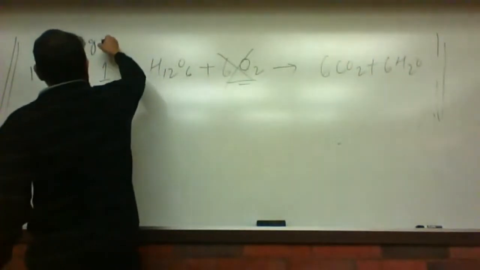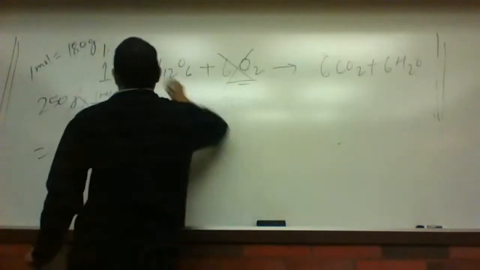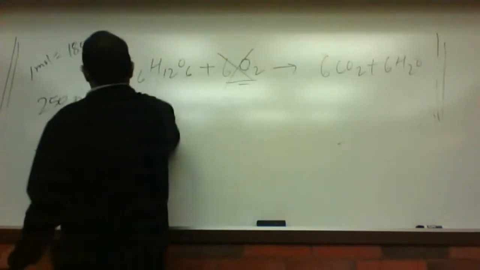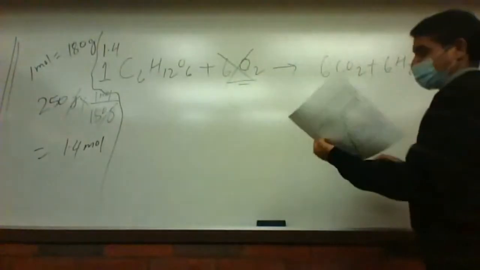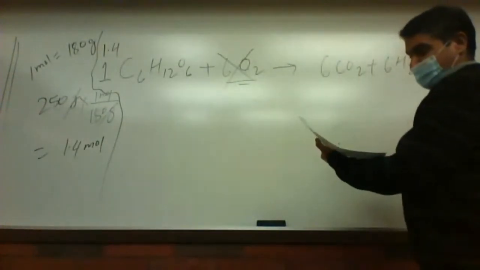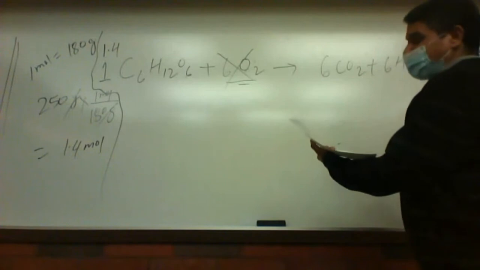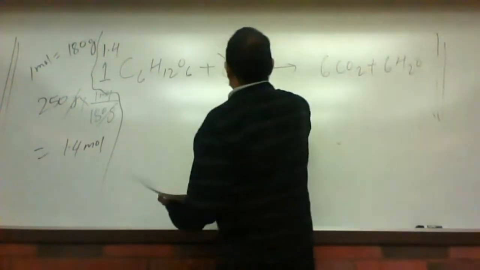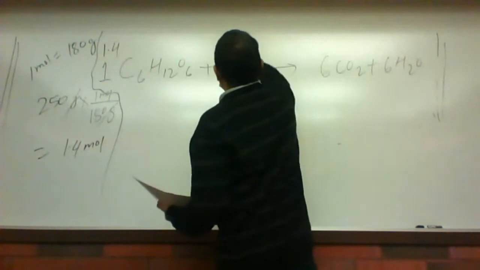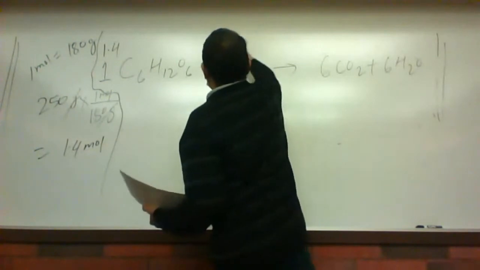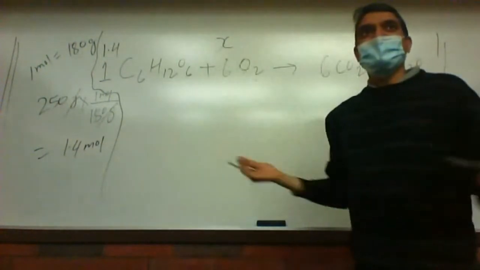Now, I have 1.4 moles of glucose. And what is it asking me? How many gram of oxygen is required? He is asking me to calculate oxygen. So I put oxygen here, X. I don't know how many moles of oxygen I need, right?